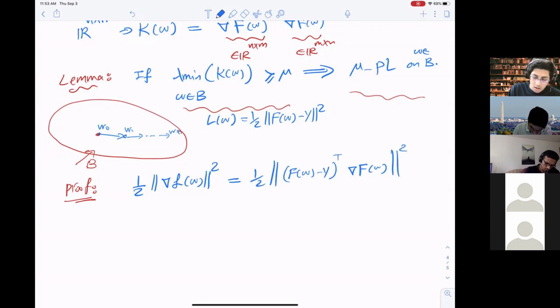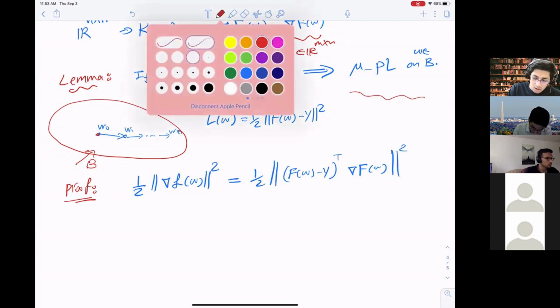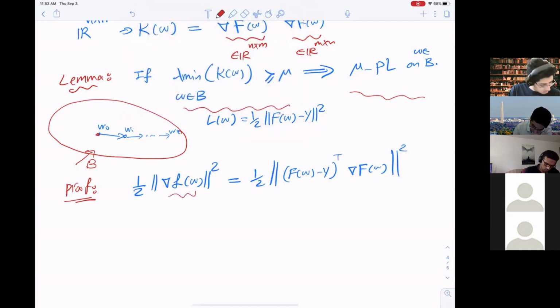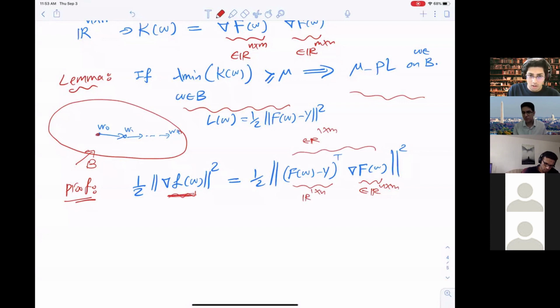All right, just to check the dimensions, always good to check the dimensions. So this gradient is a matrix of size n by m. This f(w) minus y is a row vector, size 1 by n. So this whole thing is going to be a row vector of size 1 by n. And that's basically what we have here. If you want a column vector, it doesn't matter. You just add a transpose.